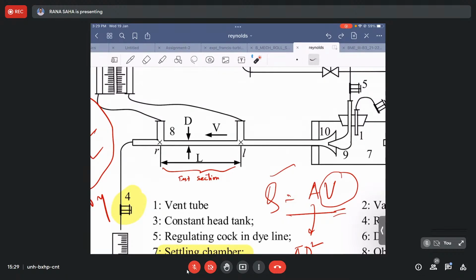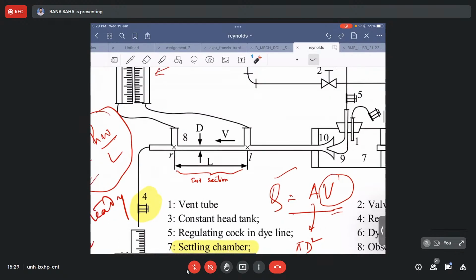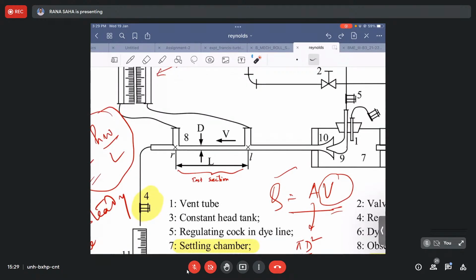You have to maintain all those things so that you can see the dye particles in a perfectly straight line manner, as one typically expects for a laminar flow situation, because we know that in laminar flow the particles move in a straight parallel manner. So if it is like that, then we can say, yes, the flow occurring through this glass tube is laminar.